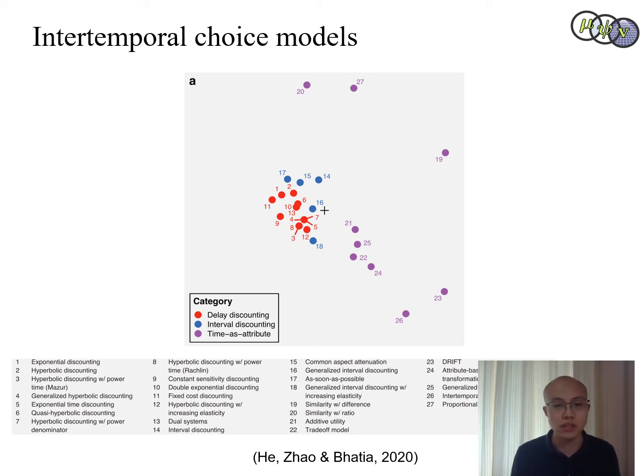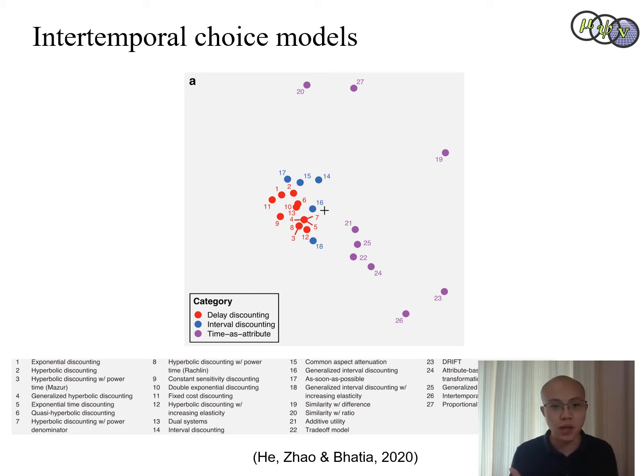As you can see from the figure, the delay discounting and interval discounting models are pretty close to each other. So in the present paper, we do not distinguish between them. Delay discounting models as a whole are pretty close to each other and centered around the center of the model space.